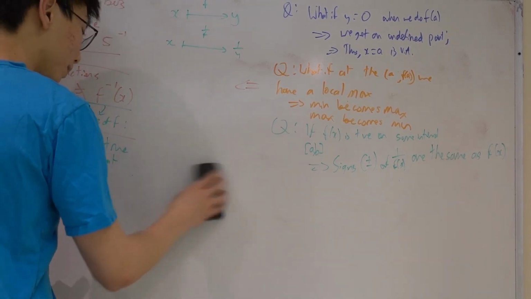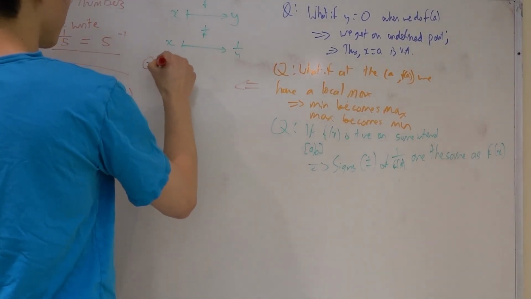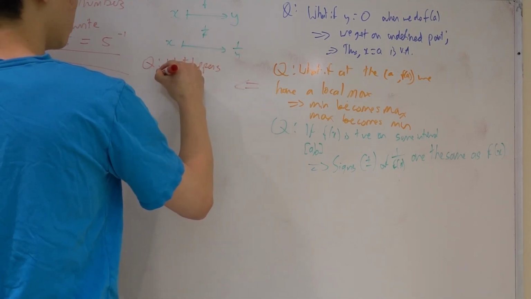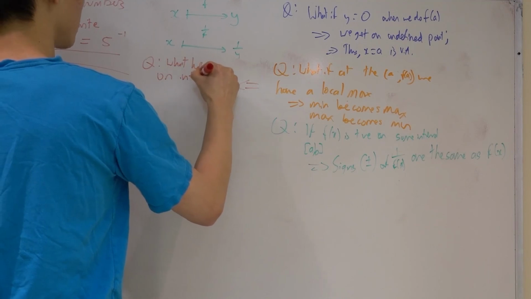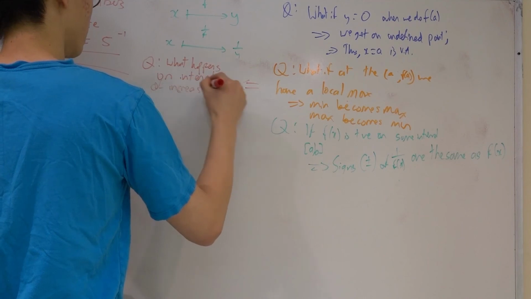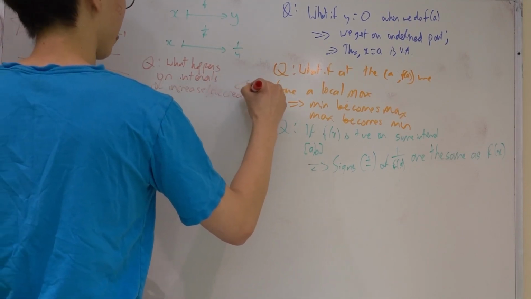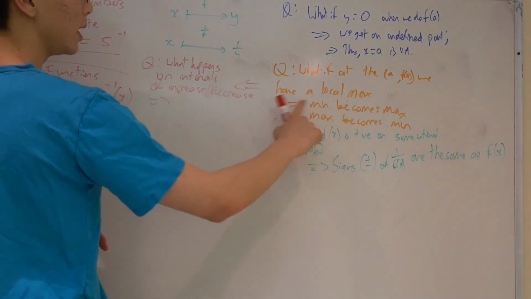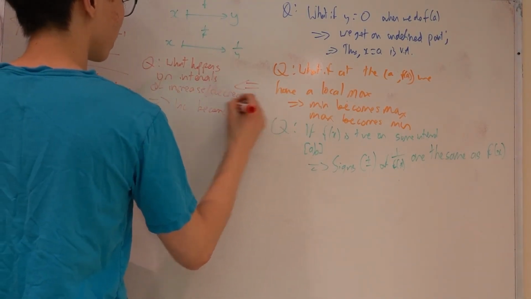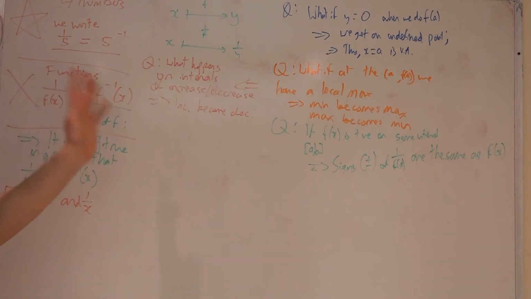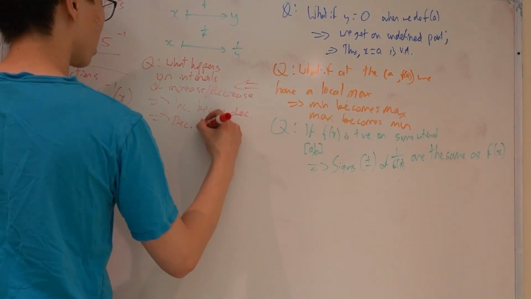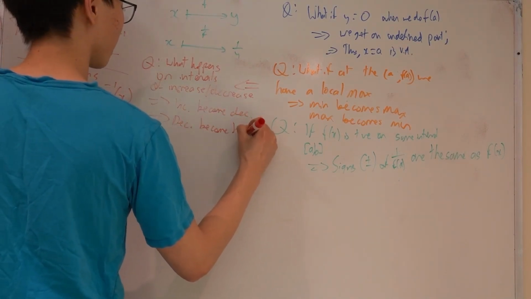So question, what happens on intervals of increase and decrease? Well, it's the same idea here. So increasing intervals become decreasing intervals. You should probably write out the full thing in your notes. I'm just going to write it in shorthand here. So increasing becomes decreasing, and decreasing intervals become increasing intervals.